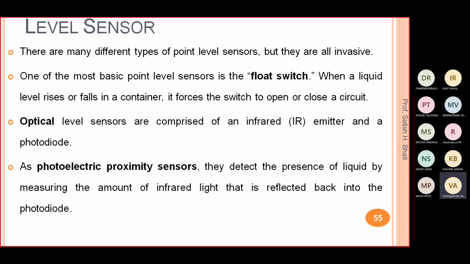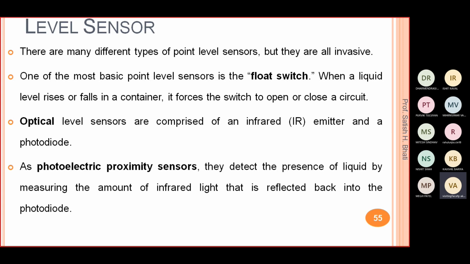You can use this kind of thing in your home, where you have an overhead tank, right? In that they are using this kind of float switch. Whenever the water reaches that sensor float switch, your motor will automatically turn off.